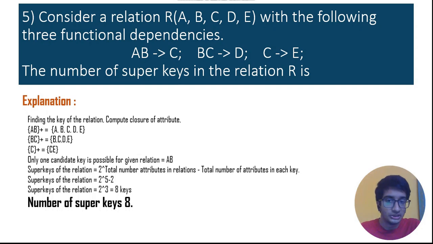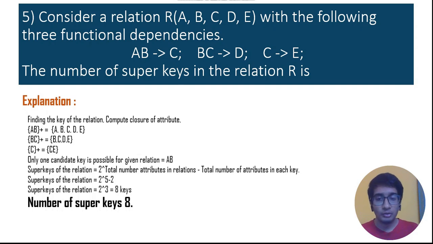Now, superkeys. Simply speaking, a superkey can be formed by adding any combination of other attributes to the candidate key. Since AB is the candidate key, all superkeys are formed by adding phi or any other combination of C, D, and E to AB.